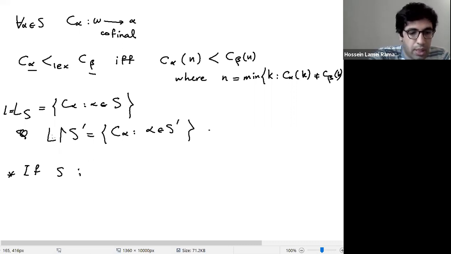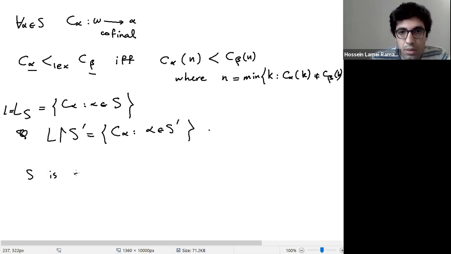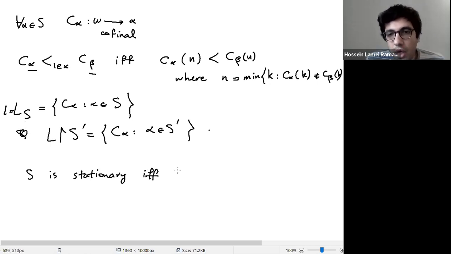In fact, I can say S is stationary if and only if L_S is non-sigma well ordered.